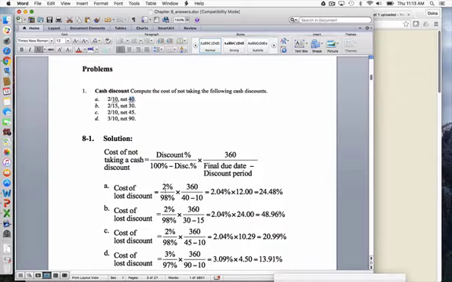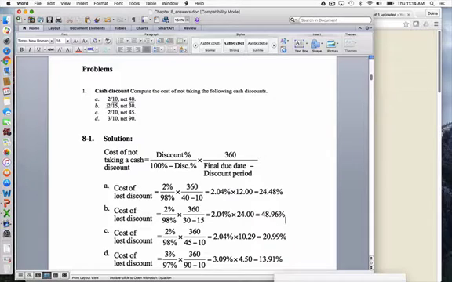If you use the percentage this way, 2 and 98, use it the same way for both percentages. So 2 divided by 98 is 0.0204, so that's 2.04%, times 360 divided by 30, which is 12. If you multiply these numbers in percentage, the cost of failing to take the cash discount is 24.48%. That's a pretty high penalty.